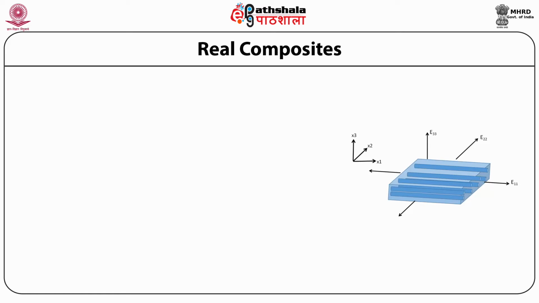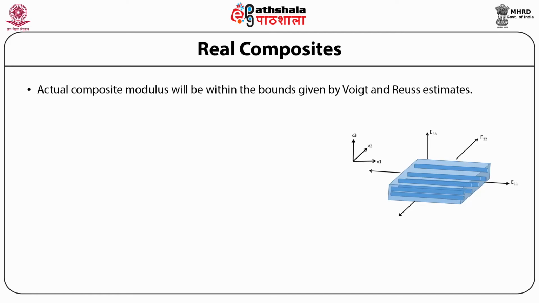Real composites. As mentioned earlier, real composite materials would show behavior which would lie between the two extreme models discussed. In real materials, nu-F and nu-M would not be the same, and that will also affect the overall elastic behavior.